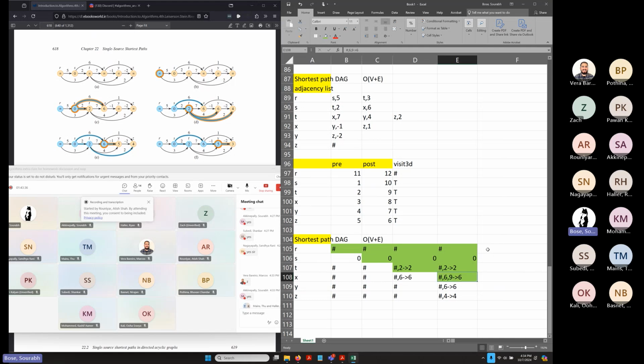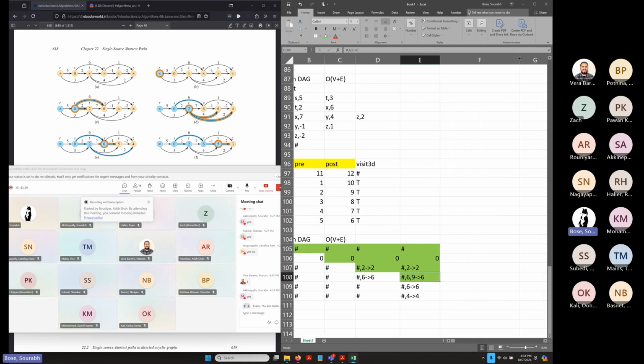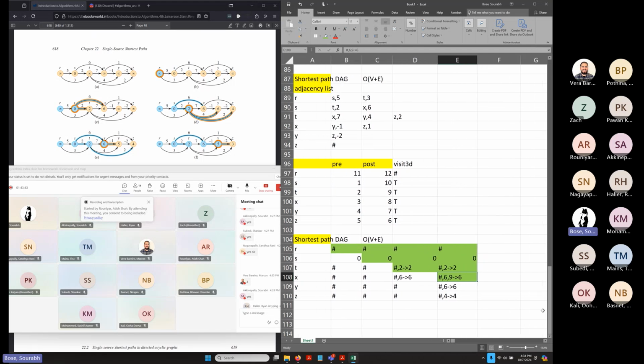So we are now going to evaluate this. From X, I have Y and Z. Y gets to be offered S to X plus X to Y. S to X is 6, X to Y is -1. So it is offering 5.